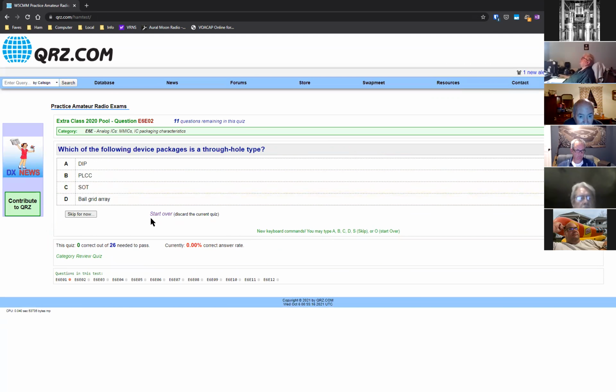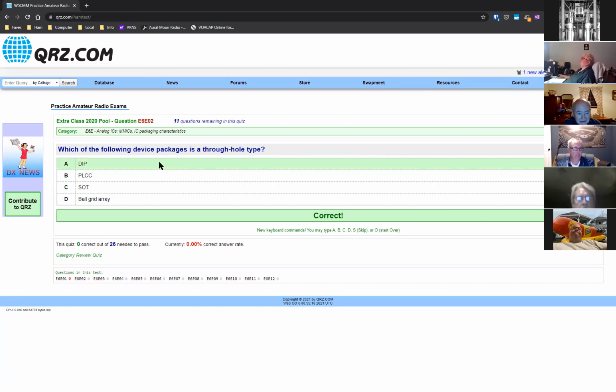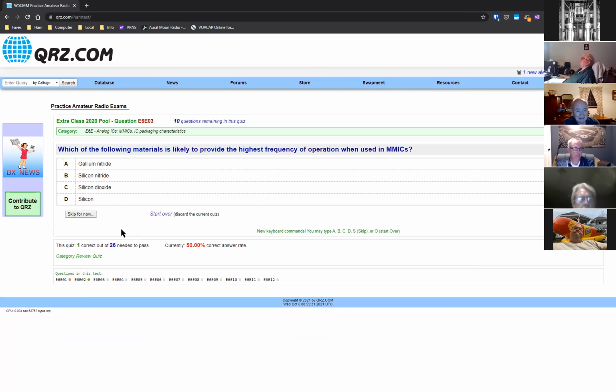Which of the following device packages is a through-hole type? A, yeah, dual inline package. Which of the following materials is likely to provide the highest frequency of operation when used in MMICs?